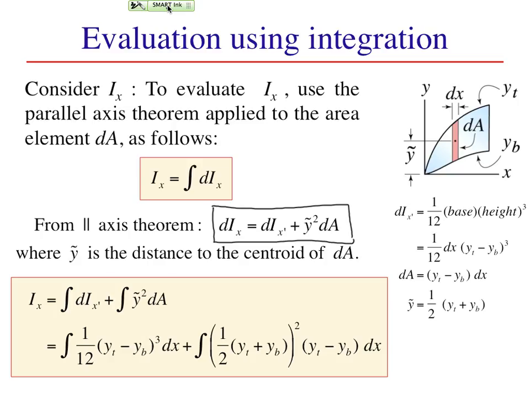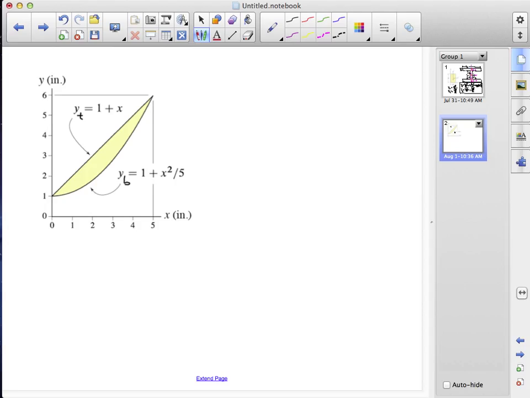Now let's return to a previous example to confirm we get the same result whether we use a 1D integration in x or in y. Note that y top and y bottom are given by these expressions, and to use our boxed expressions previously, we'll need this difference, which is x minus x squared over 5.